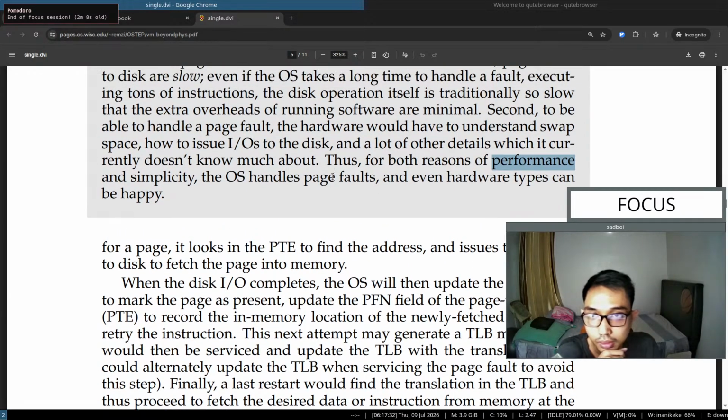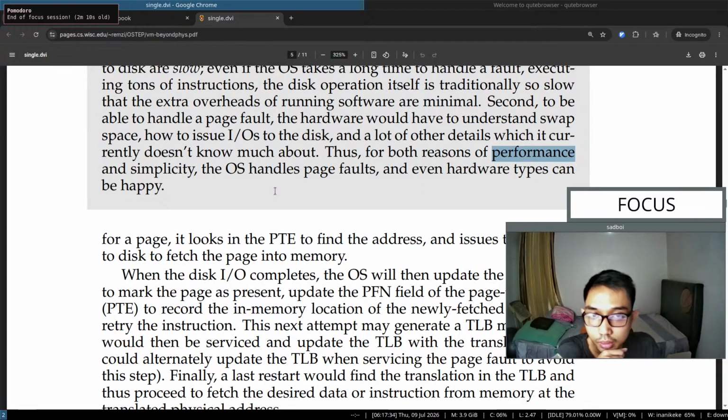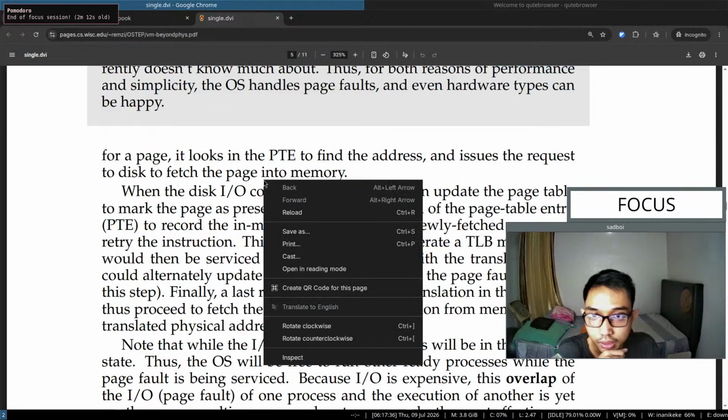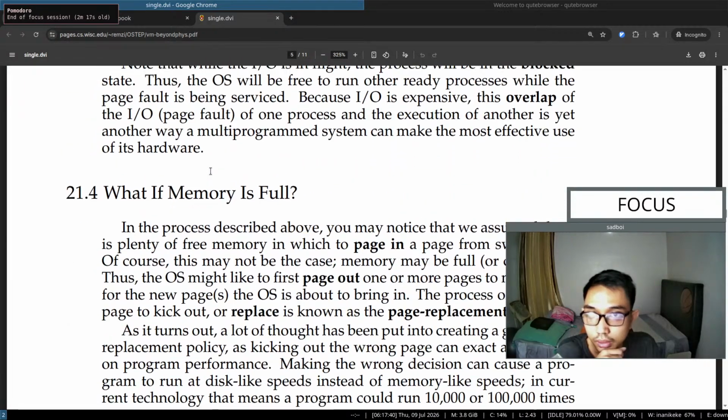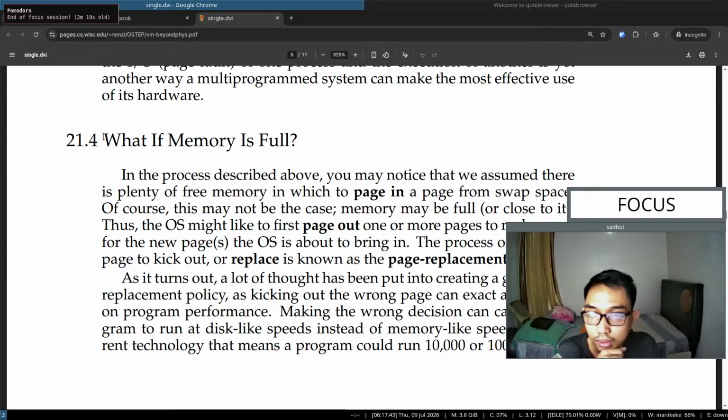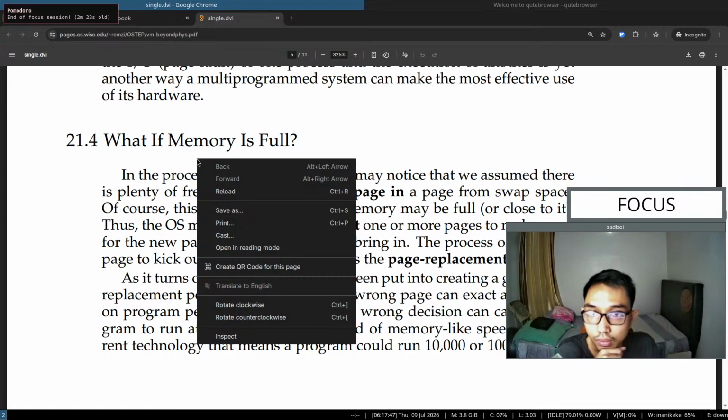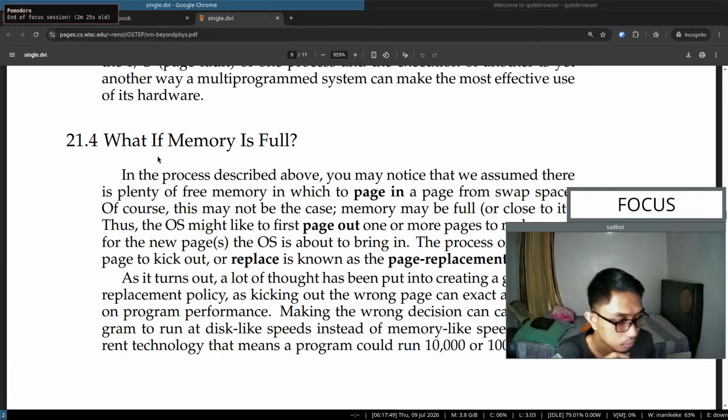Yeah. Okay. Maybe later on we will find that out, but for now that is something to keep in mind. What if memory is full?